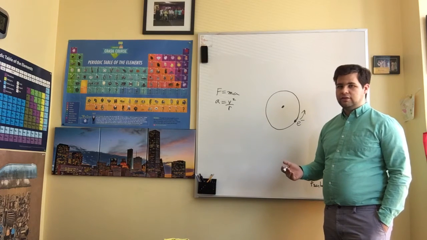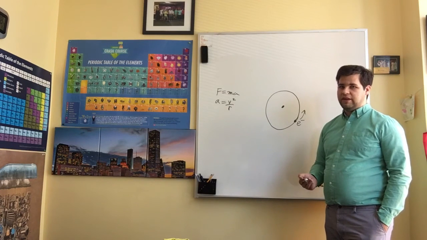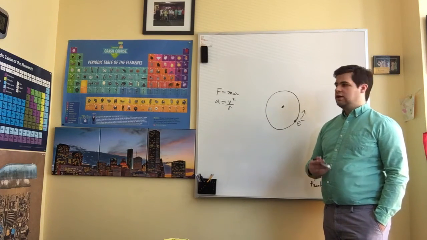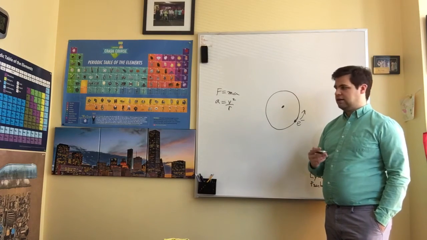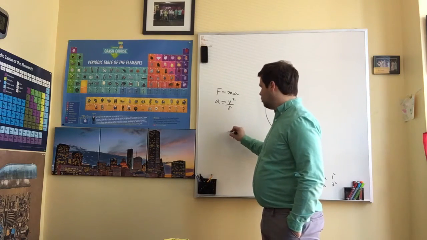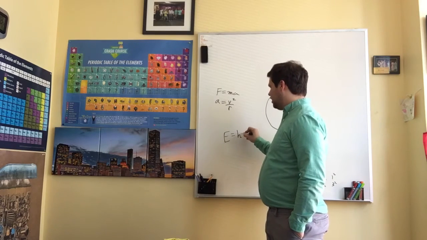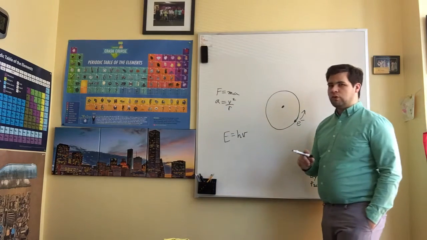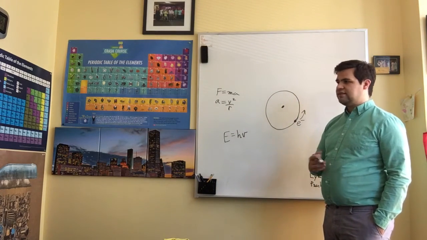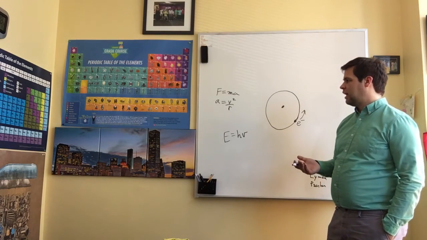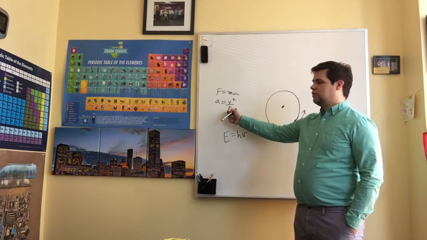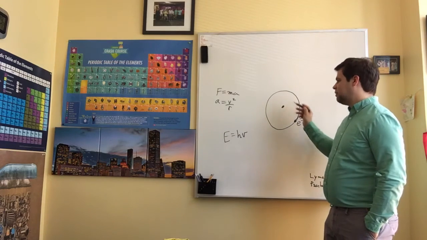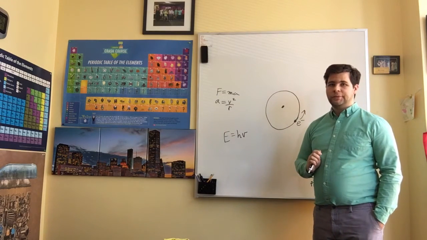And if light is emitted, then energy must be given off in order to conserve energy, because by this point we know E is equal to h nu. So what would happen is, as it's giving away this light energy due to this acceleration, it would spiral down to the center.